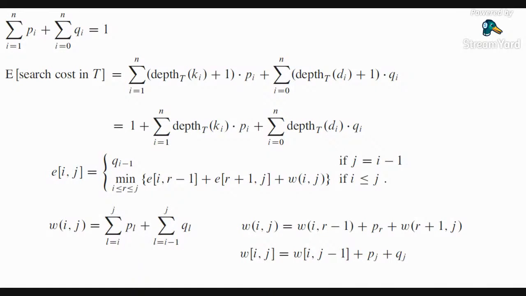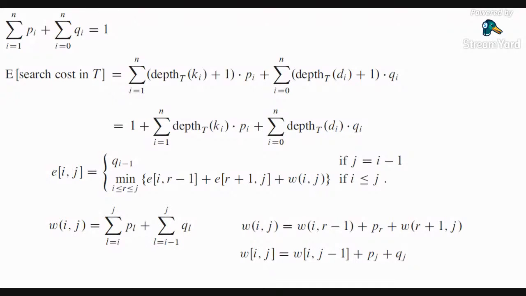Now see, one r will be there which will minimize this particular cost. This r will range from i to j, and here it is q(i-1). Now see what is happening here. If j is equal to i minus 1, then how many keys are considered? Keys would be considered from the ith key to the (i-1)th key, and no such key exists.